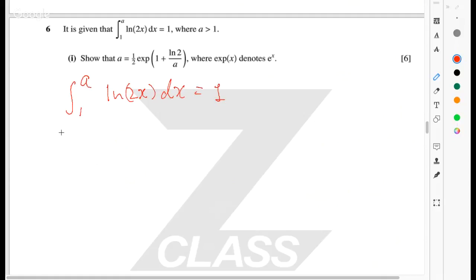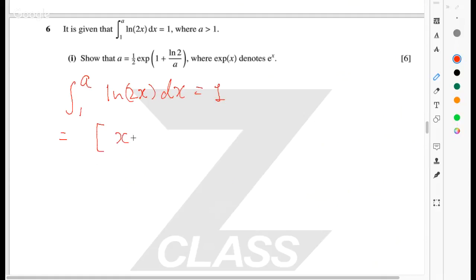So if there's no direct method, we should try other integration methods, and the only ones we know are either integration by substitution or integration by parts. And here we should use integration by parts because we know very well the derivative of ln 2x is just 1 over x. So let's try that.